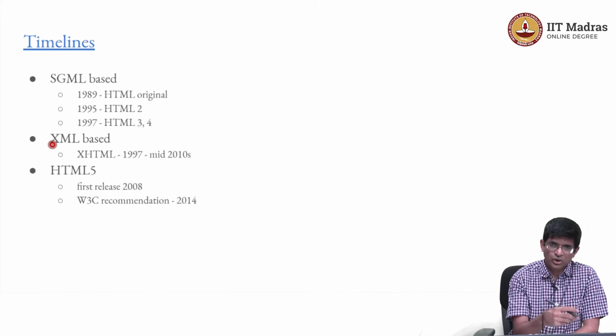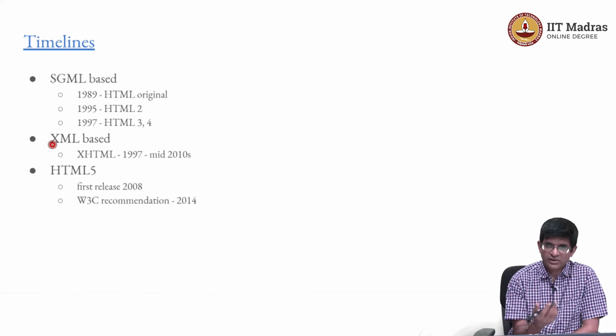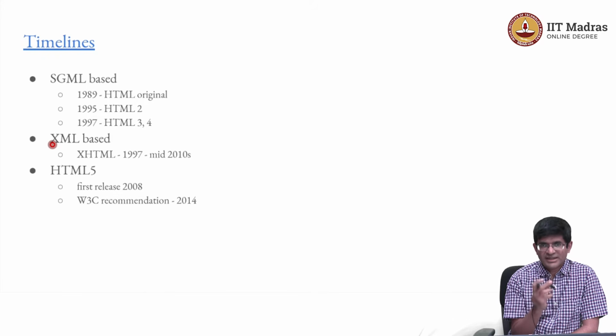XML sort of took several learnings over the years, right? It was more than 10 years of SGML, HTML use that came into play, and XML tried to relax many of those problems or make it a little bit easier to use and understand. Based on XML, once again XML has very specific kinds of meanings and interpretations, XHTML said, okay, now we'll once again look at it in the context of the browser.